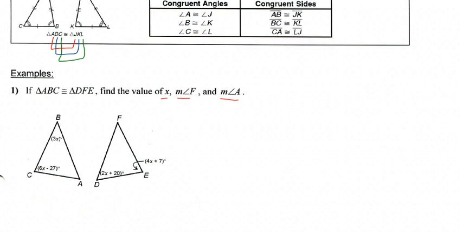Because we have the triangles named congruent, we know that A and D are corresponding, B and F are corresponding, C and E are corresponding. So I'm going to mark those here.